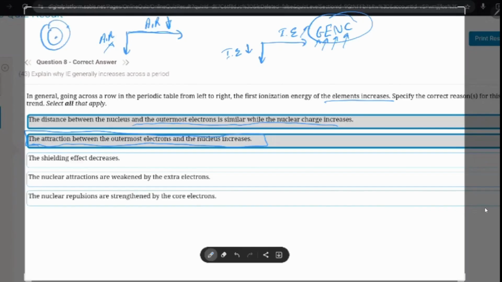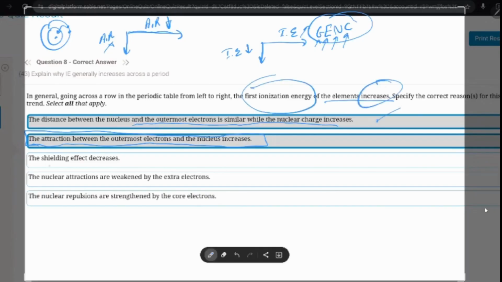The electrons are going to get closer to the big enemy, which is the nucleus, so the nuclear attraction will be greater. Does that mean I need higher or lower energy to remove them? Obviously higher energy. So the ionization energy increases.